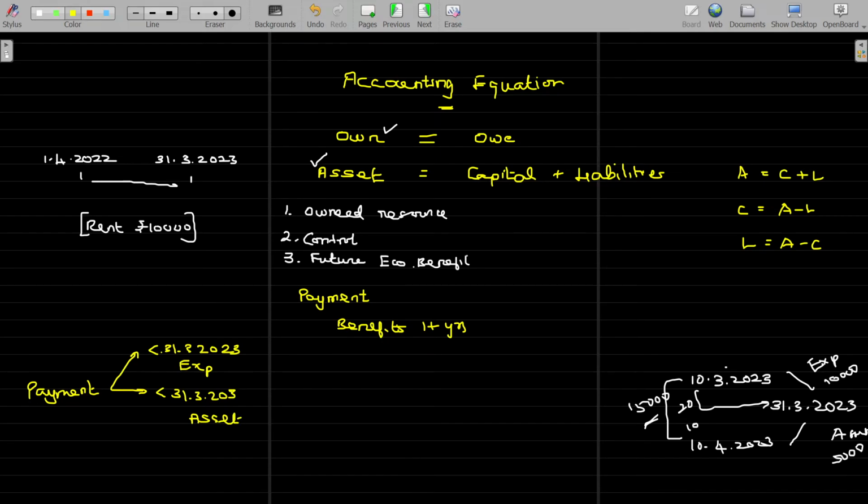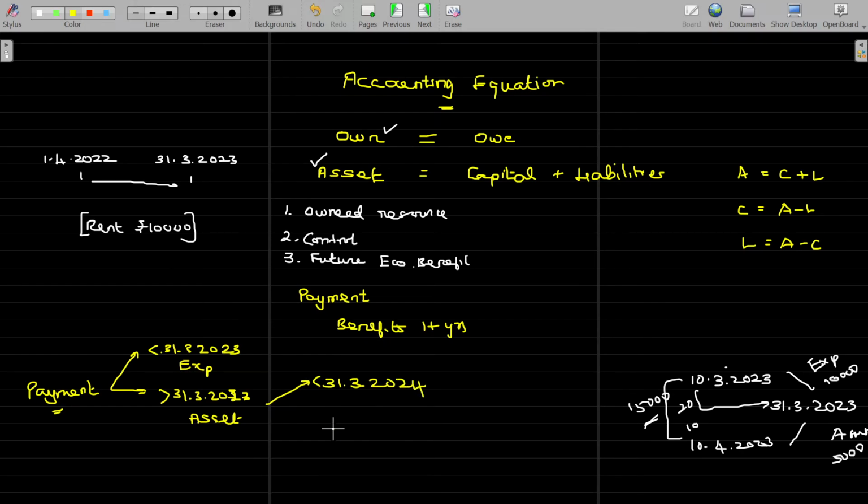And let me go with one more idea. Even after 31st March it gives me benefit, not only after 31st March 2023, but even after 31st March 2024, even after 31st March 2025, and so on. So I can now subdivide this further. The benefit will be beyond 31st March 2023, but the benefit is over by 31st March 2024.